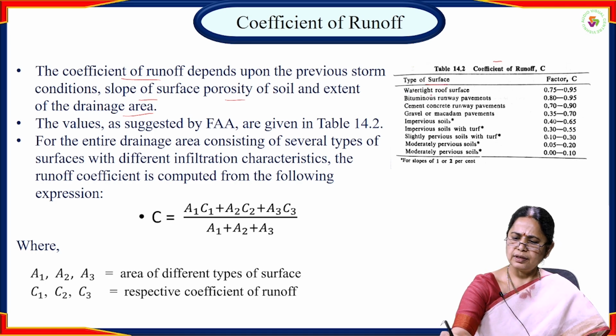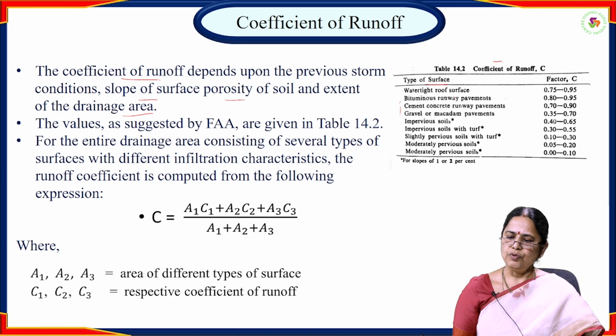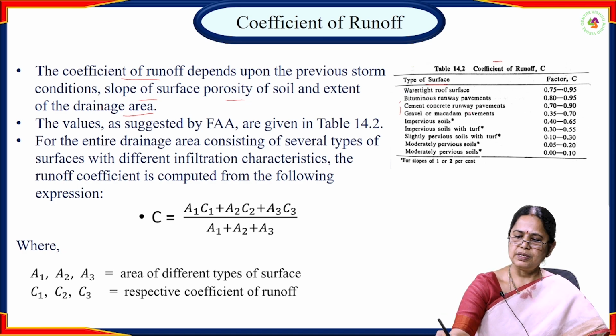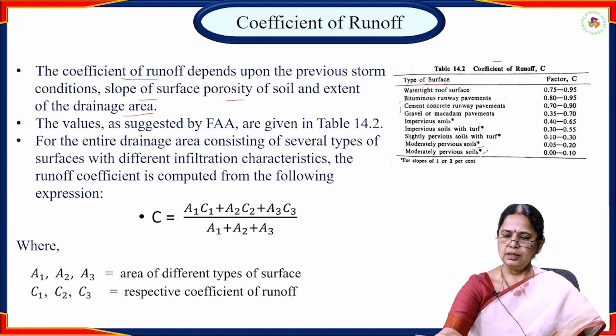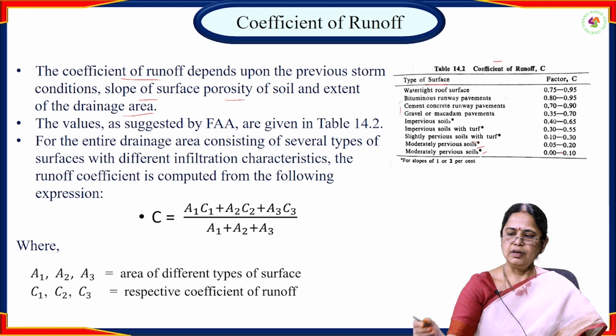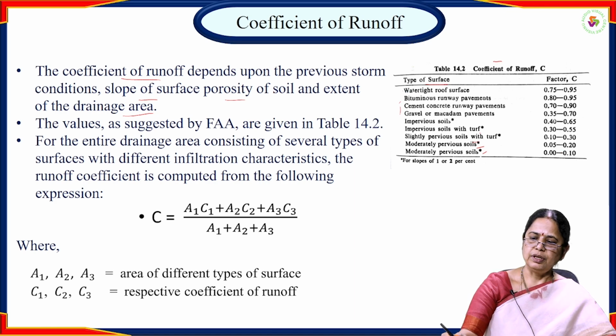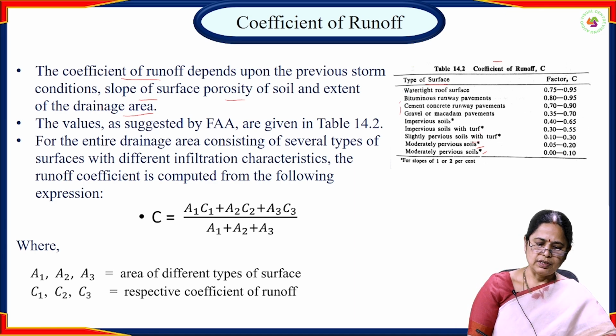There are different types of surfaces of the runway pavement, that is watertight roof surface, bituminous runway pavements, cement concrete runway pavements, gravel, macadam pavements, impervious soils with turf, slightly pervious soil with turf, moderately pervious soils. So different factors have been given for the different types of soils.